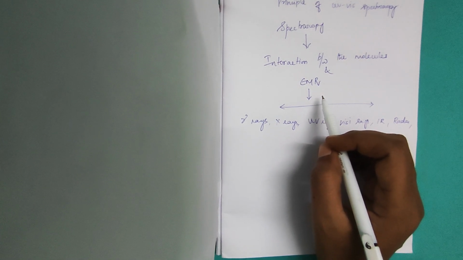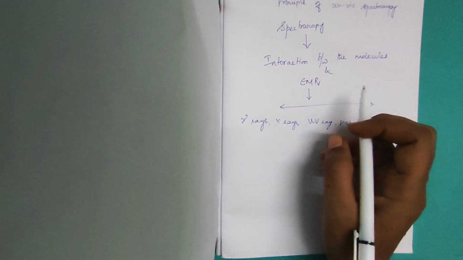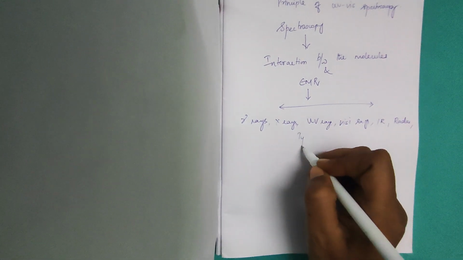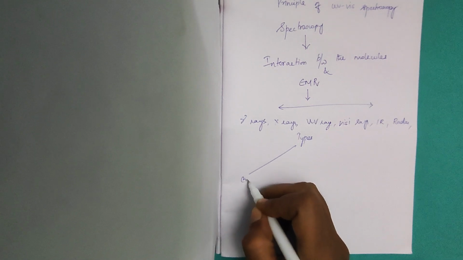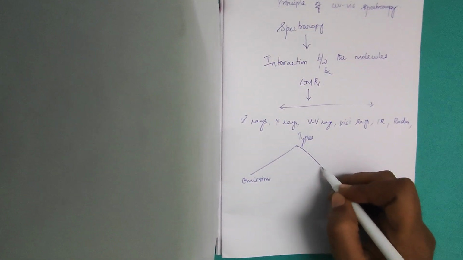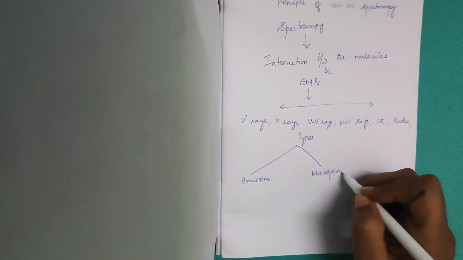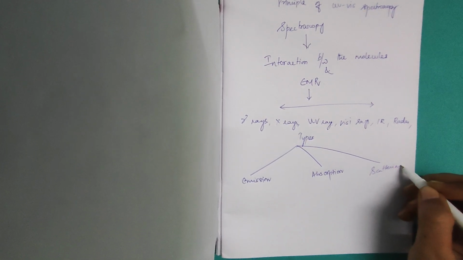Now we have different types of spectroscopy based upon the nature of the absorption or emission or based upon the molecule, right? So you have different types of spectroscopy. One is emission spectroscopy, second is absorption spectroscopy, and third one is scattering spectroscopy.